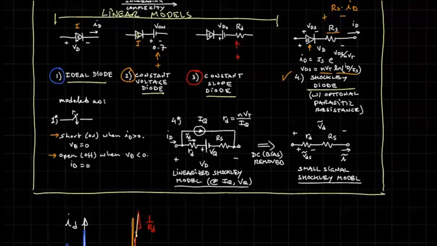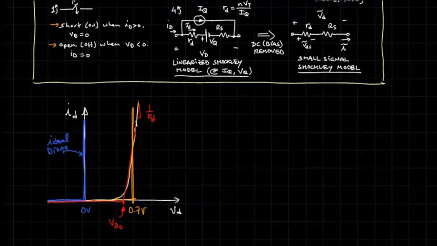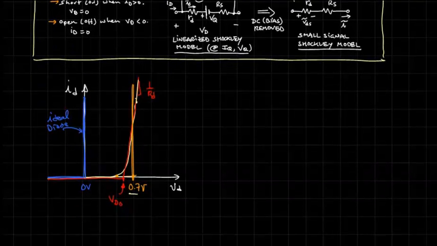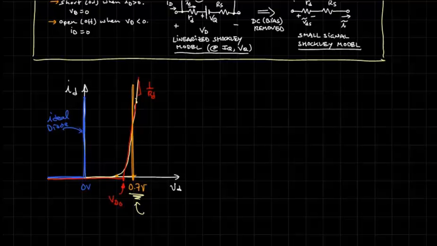Of course, the ideal model, the ideal diode, has no parameters because it's 0 volts or open circuit. The constant voltage diode model does require one parameter, and that is what we'll call the V on voltage. And that really depends on where you're going to operate the diode.